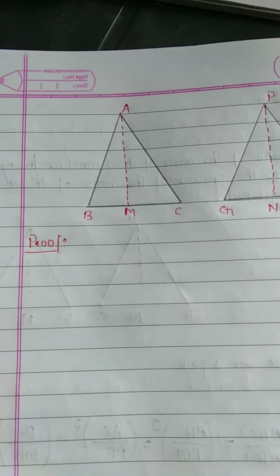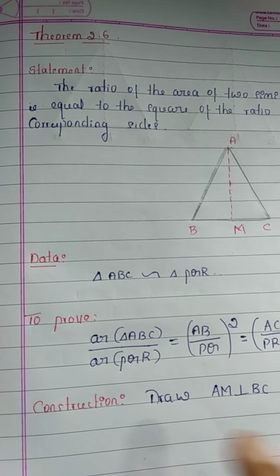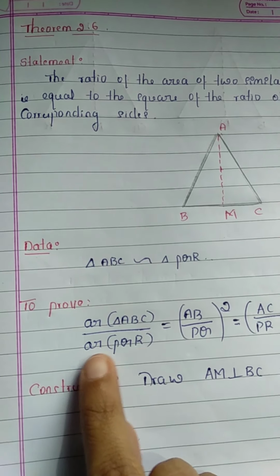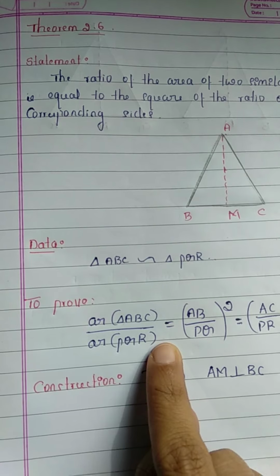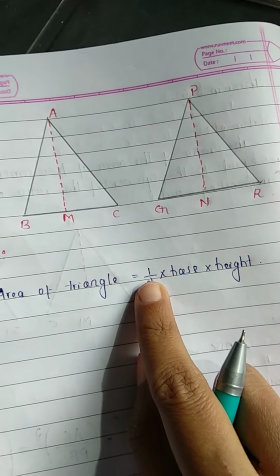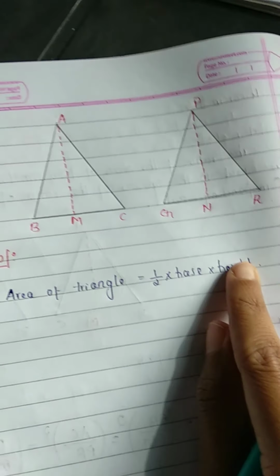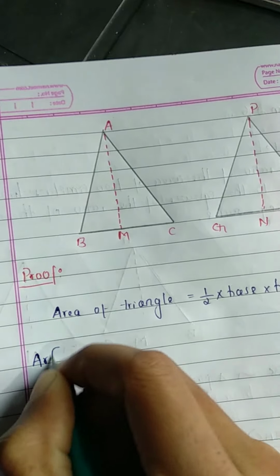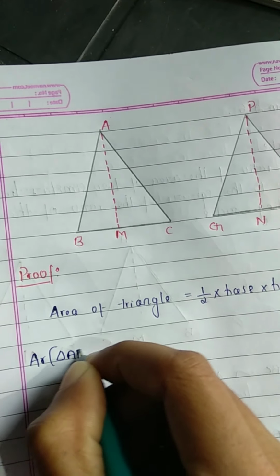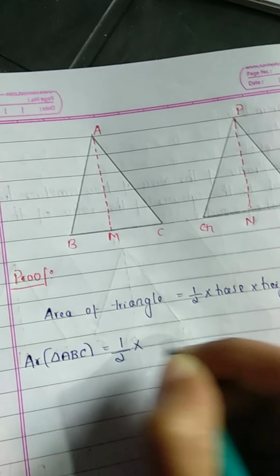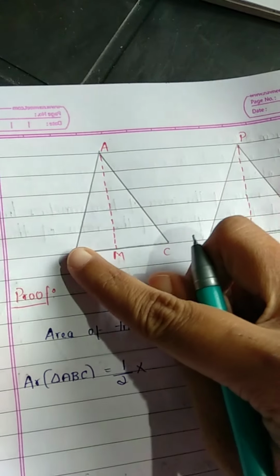Next, proof of the theorem. First we have to find the area of triangle ABC and the area of triangle PQR. So area of a triangle equals half into base into height. First consider the area of triangle ABC equal to half into base into height. Which is the base in triangle ABC?